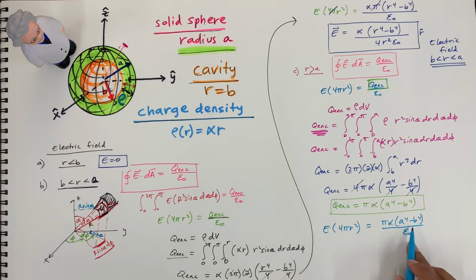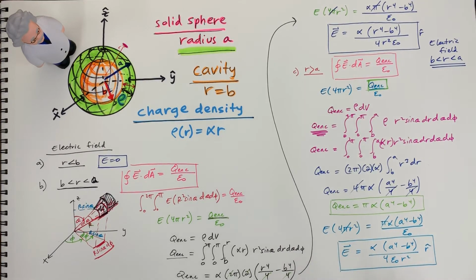And if we move all this stuff to this side, we have the pi's that cancel, and the electric field is now alpha, a to the 4th minus b to the 4th, over 4 epsilon naught r squared, and that's all in the radial direction. All right, so this is the electric field that exists outside.